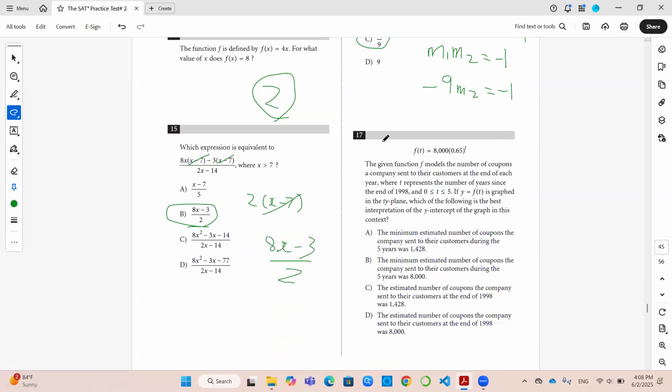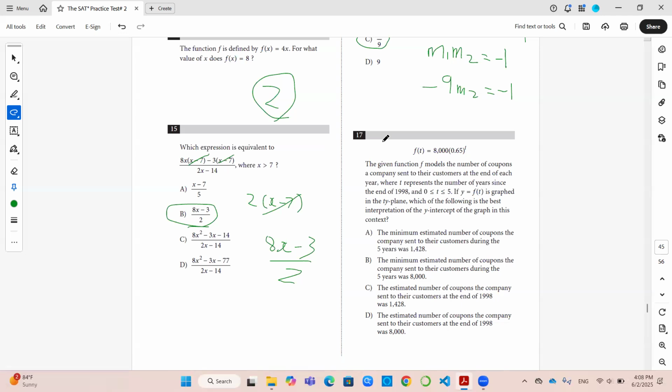The given function f models the number of coupons a company sent to their customers at the end of each year, where T represents the number of years since the end of 1998, and 0 is less than or equal to T, T is less than or equal to 5. If y is equal to f of T is graphed in the ty plane, which of the following is the best interpretation of the y-intercept of the graph in this context?